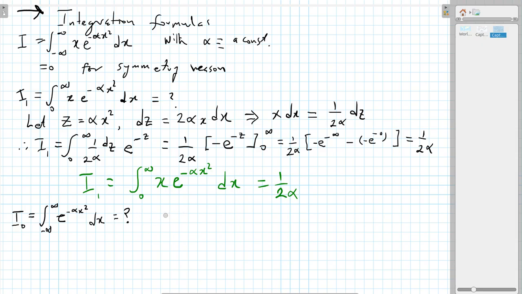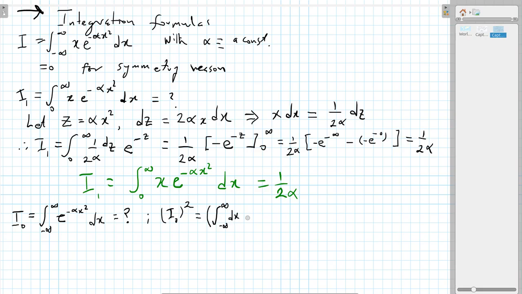The method I'm going to show is the one where we try to square what we're looking for. So I0, whatever it is, if you square it, it's going to be something you can write like this. So you have two integrations from minus infinity to infinity, and you can use any name for the variables here.